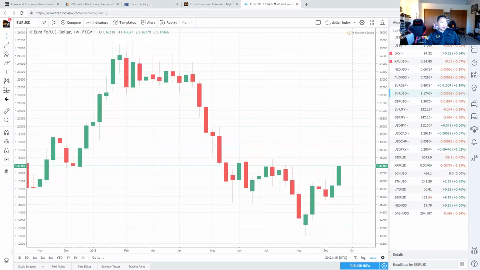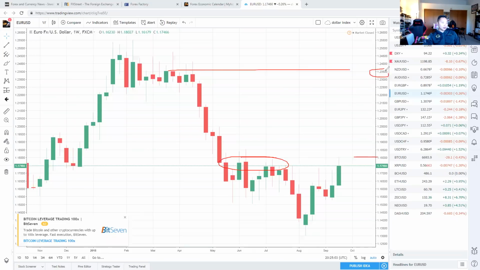Euro, I'm expecting Euro to come and hit 118 here and close above 118. Once it closes above 118 and above this line of resistance, then I'm looking for it to go long term to 123.5, 124. That's my next line of resistance based on the weekly chart.